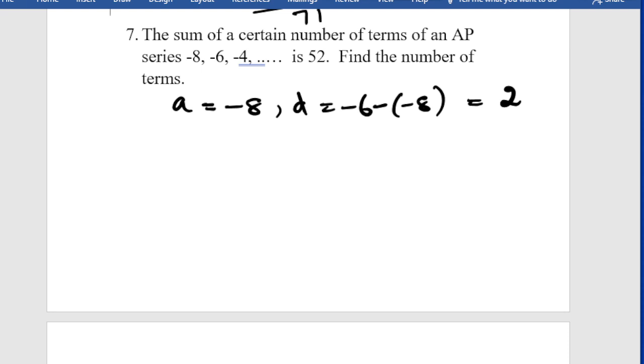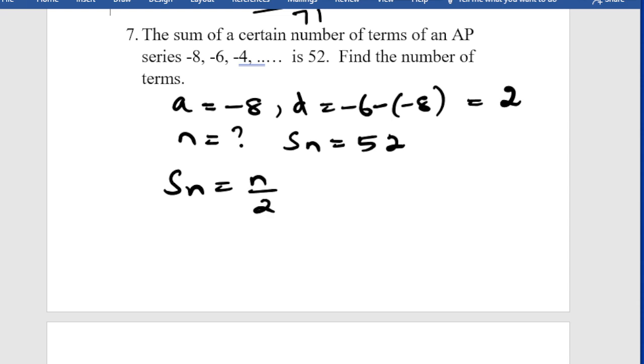So here the suitable formula that we have to assume, since we have to find the total number of terms, and the sum of the progression is 52, is Sn equal to n by 2 into 2a plus n minus 1 into d, because here a and d are given.